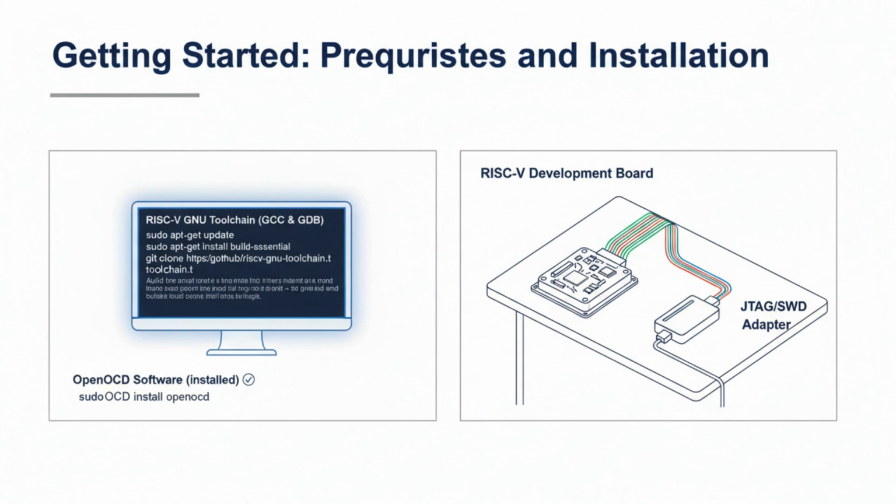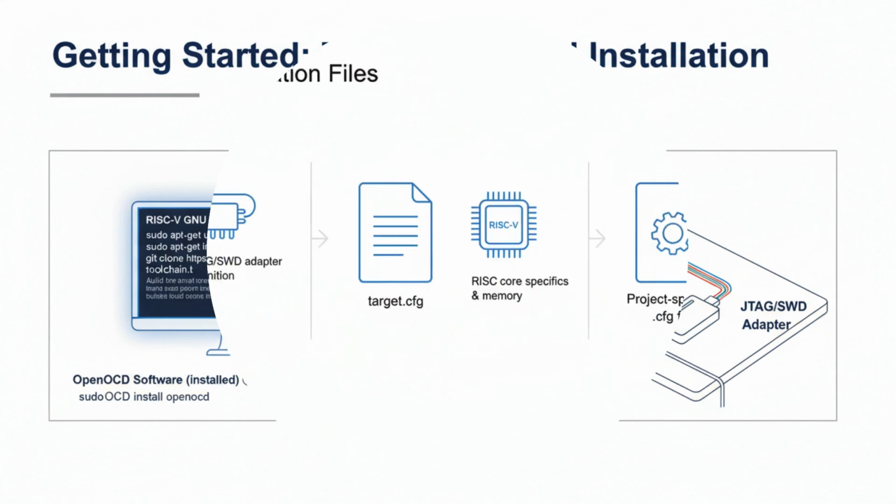Hardware-wise, a JTAG/SWD debug adapter is crucial. This is the physical link between your computer and the target. Common adapters include FT2232-based devices, ST-Link, or J-Link. Finally, you'll need a RISC-V development board that you wish to debug. Ensure all drivers for your debug adapter are correctly installed on your operating system.